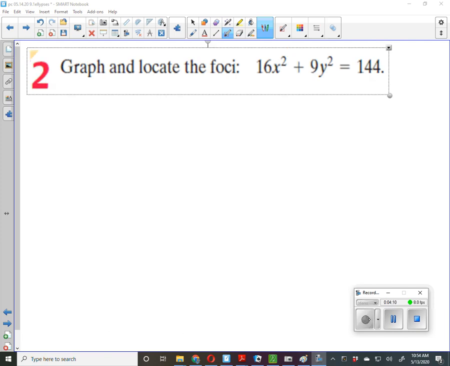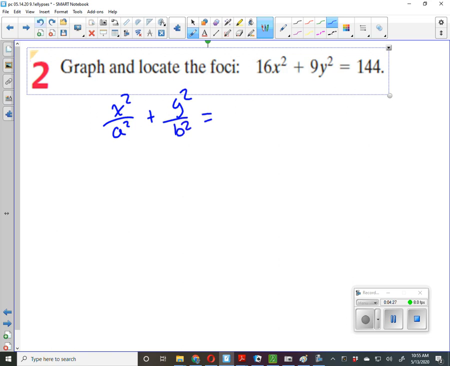All right, you'll notice that our formula is x squared over a squared plus y squared over b squared equals 1. It could have been x squared over b squared plus y squared over a squared. That's fine.